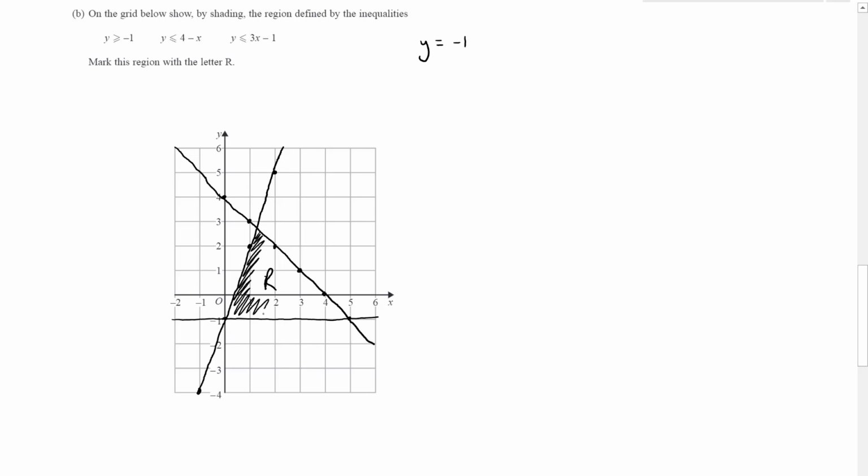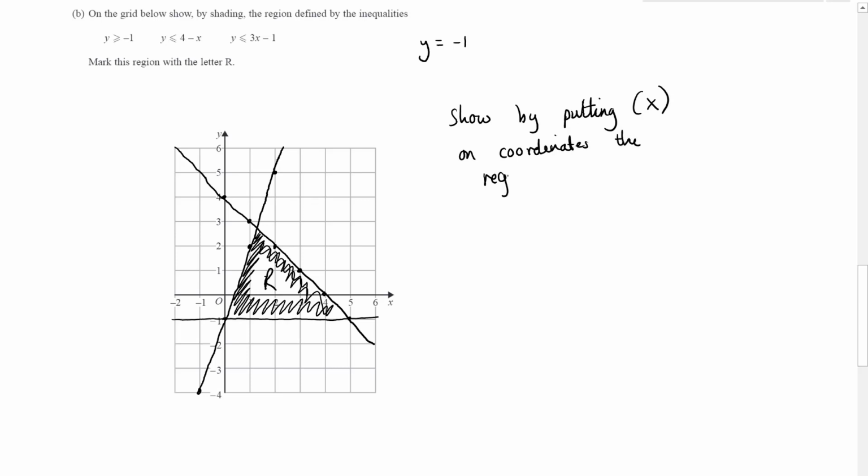So the difference between this question and one where an equal sign will matter is, for example, if they didn't ask us to shade this region and instead they asked us to show by putting a cross, so something like this, on coordinates, the region that is satisfied by these things.